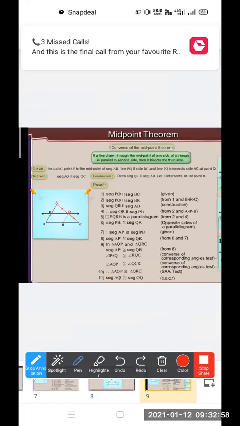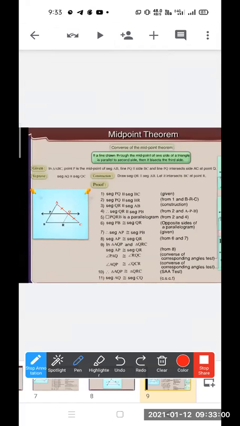Therefore, if it is a parallelogram, segment PB is congruent to segment QR. What is the reason? Because they are the opposite sides of the parallelogram, and opposite sides of a parallelogram are congruent.